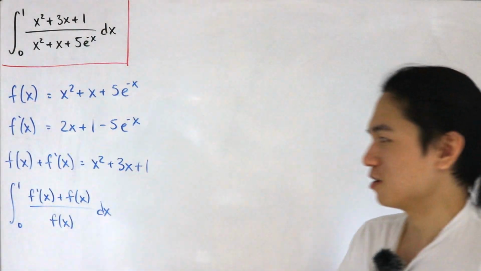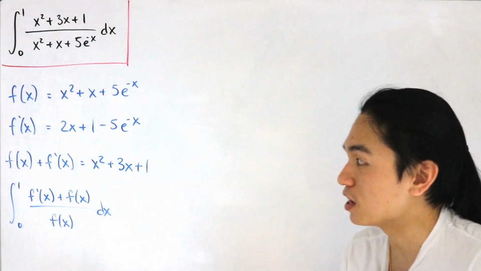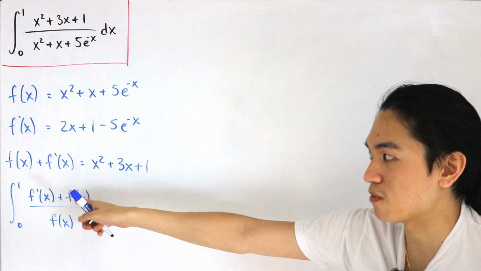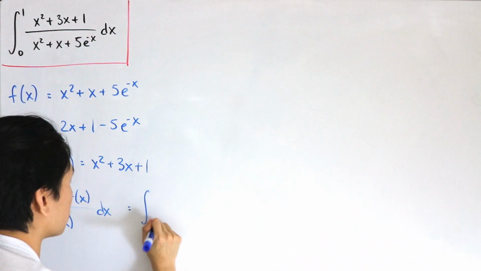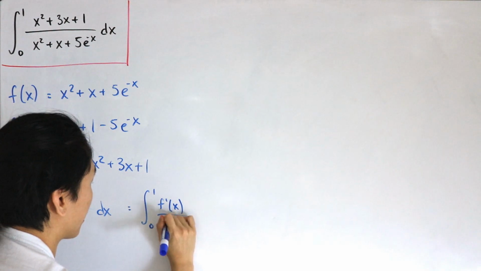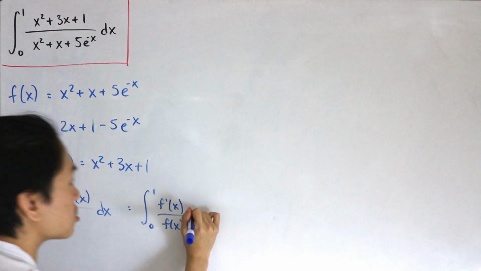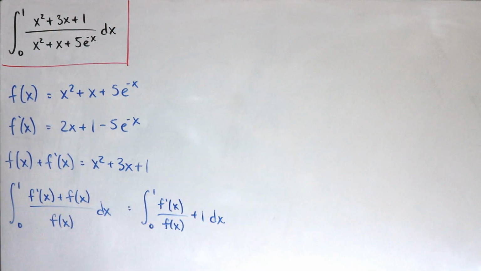Doesn't this look easy? Using some linearity and canceling terms out, since we have an f of x over f of x, what we have now is just the integral from 0 to 1 of f prime of x divided by f of x, plus 1, dx. The 1 is a very straightforward antiderivative to calculate.